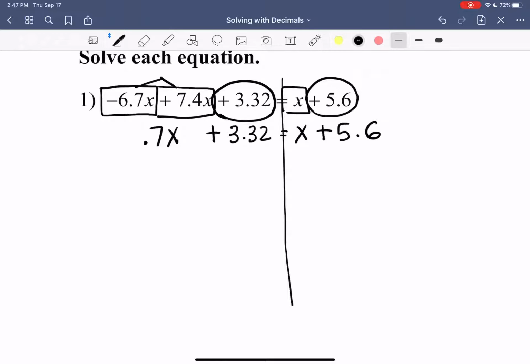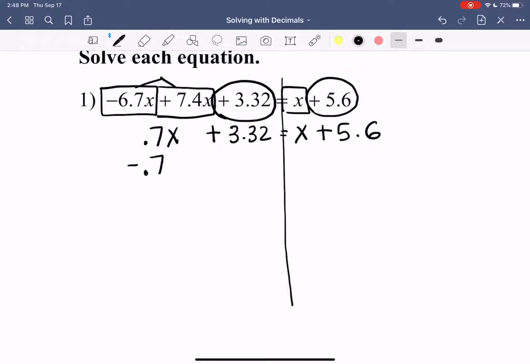So from there, we're going to go to our second step, which is to identify if this part of the equation now has variables on both sides. So I see a variable here and I see a variable here, so those are on each side. Then I'm going to identify my least coefficient and move it to the other side by doing the inverse operation.